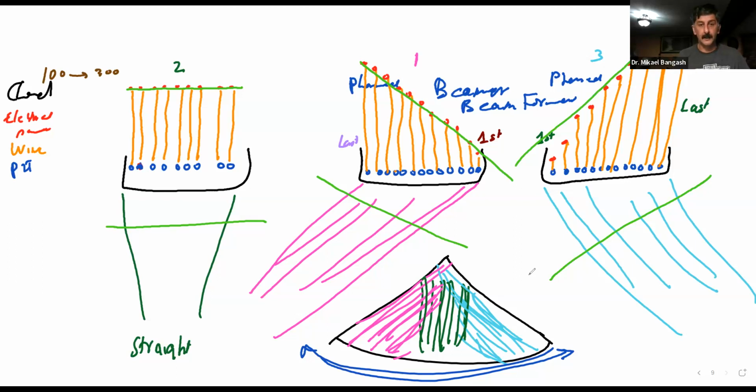Which mainly will mean that, for instance, if this here was our transducer with all the PCTs, for the purple one, this will be first, this will be last.